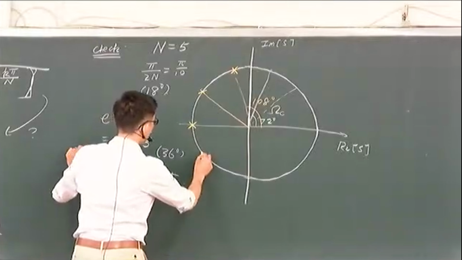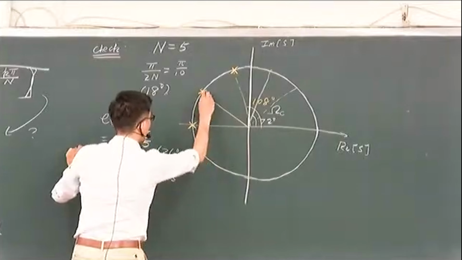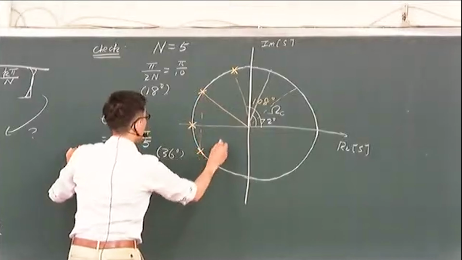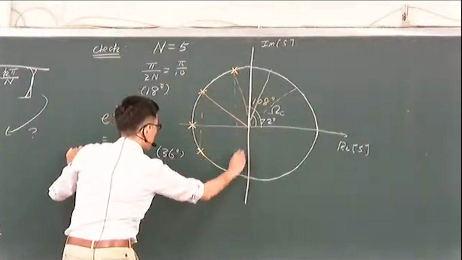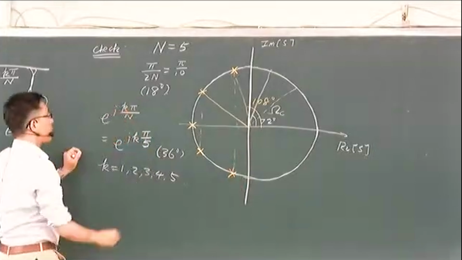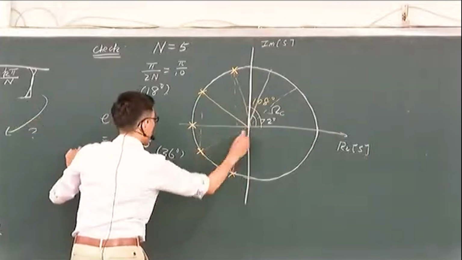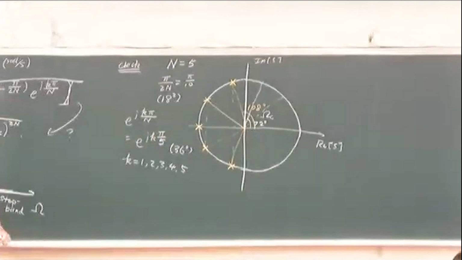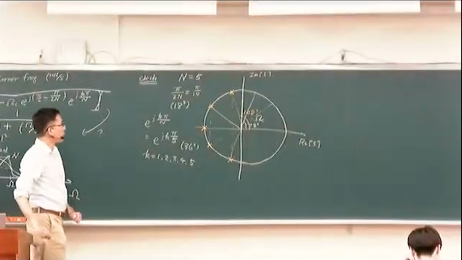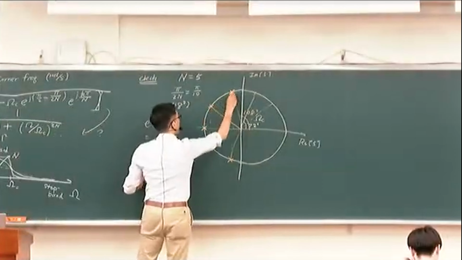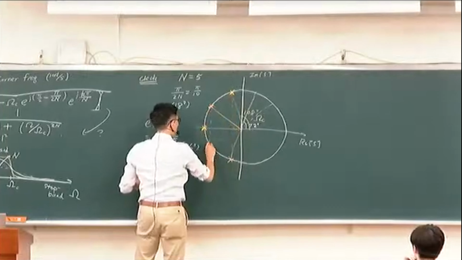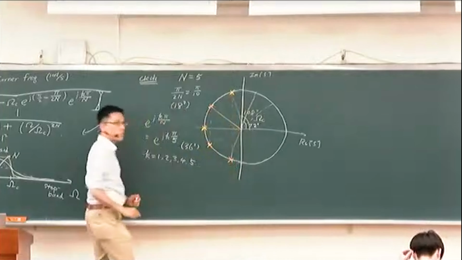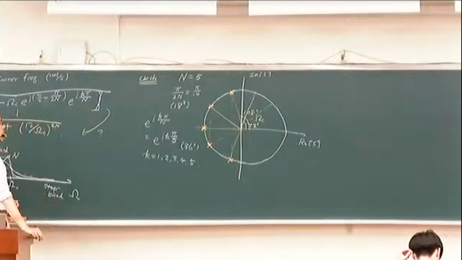And then we have a fourth one, actually the complex conjugate. Just carefully drawing, this is basically cutting pizza, sort of. You cut the pizza into 10 equal slices. And then we have located the 5 roots right here. I'm marking each with a cross. Okay, so far so good?